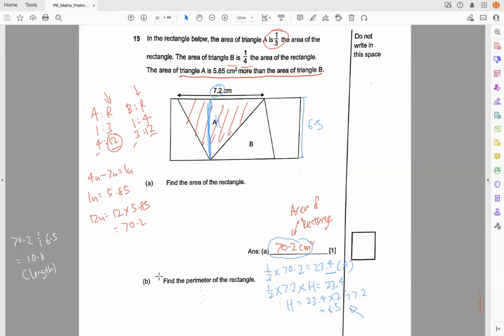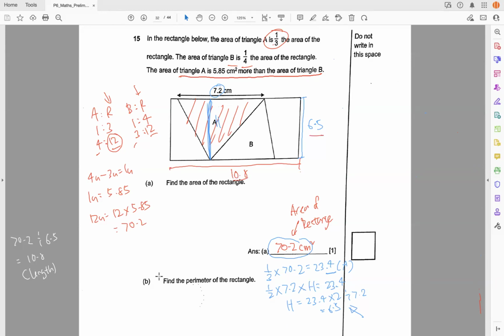I know the length, which is 10.8. I know the breadth.